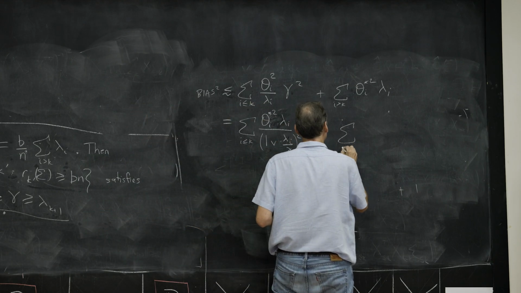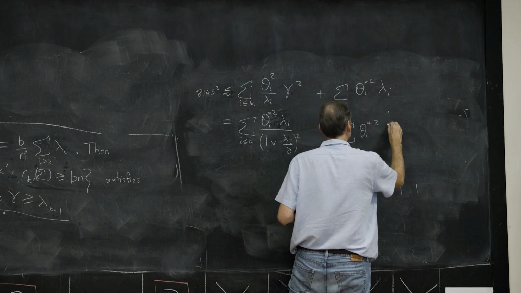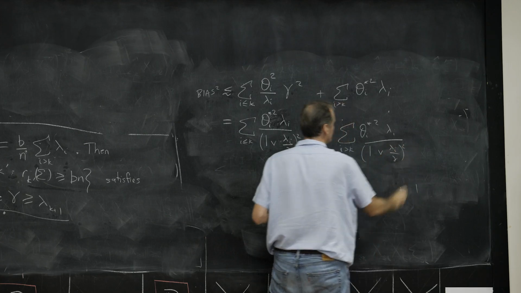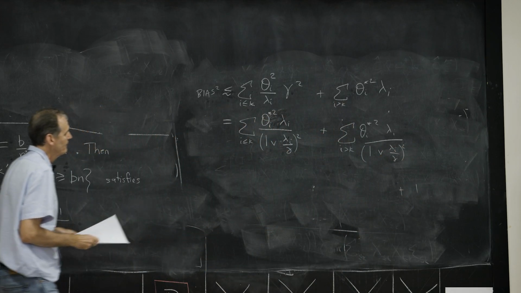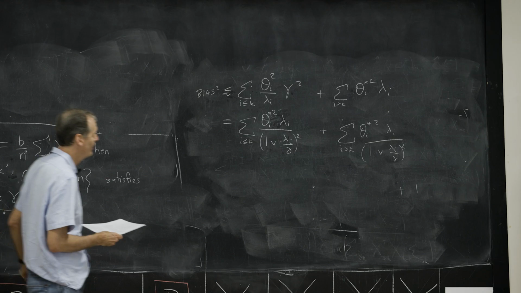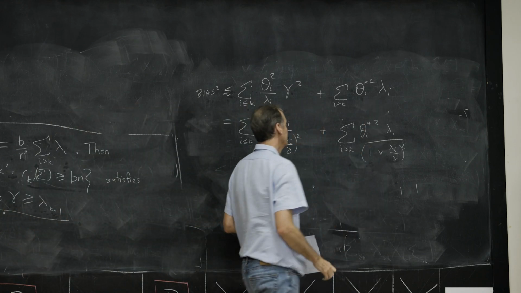Because I can write exactly the same thing over here, right? And in that case, we're greater than k, and so all of those eigenvalues are smaller than gamma, and we just get the 1 there.